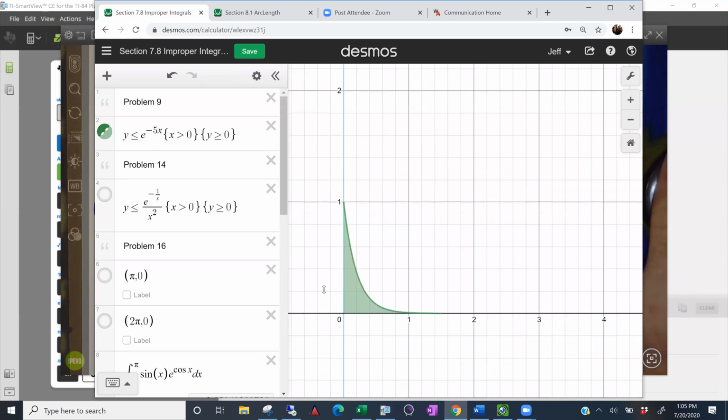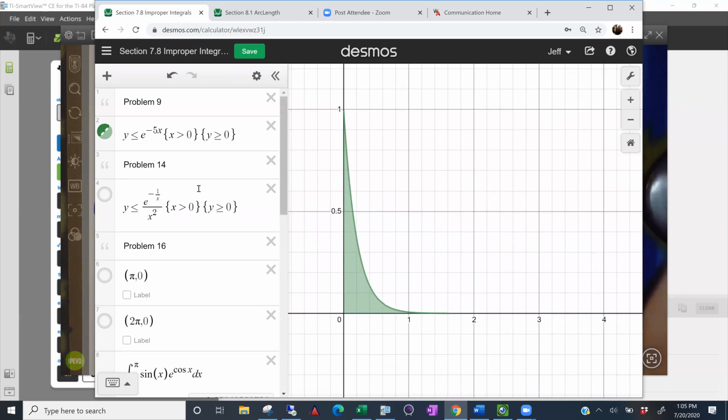What we're trying to find in this case is the area beneath this curve and above the x-axis starting at 1 to infinity. Is it 1 to infinity? No, 2 to infinity. So I should probably bump this up. 2 to infinity. There we go.